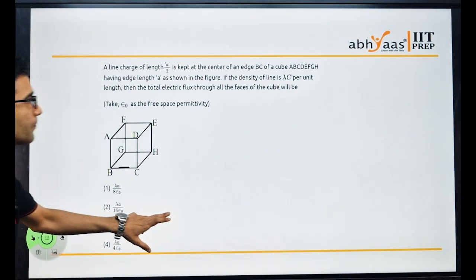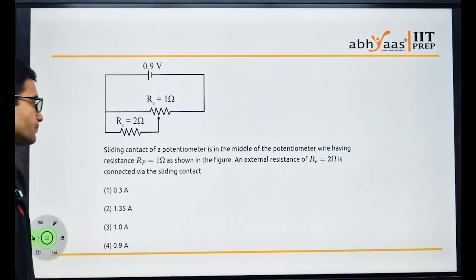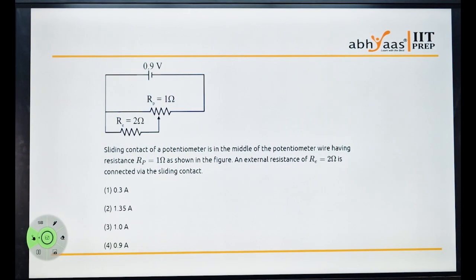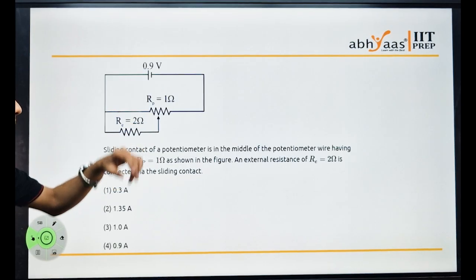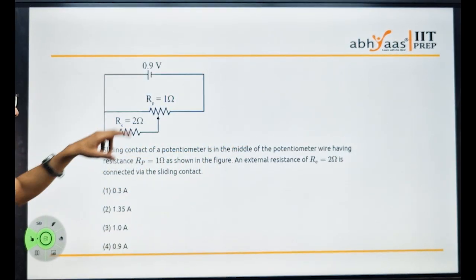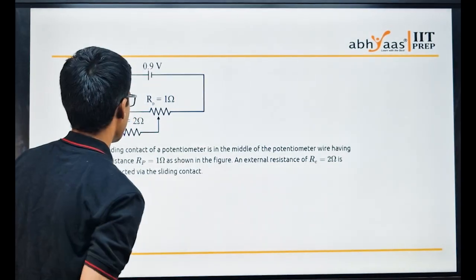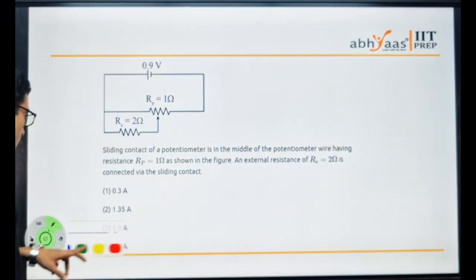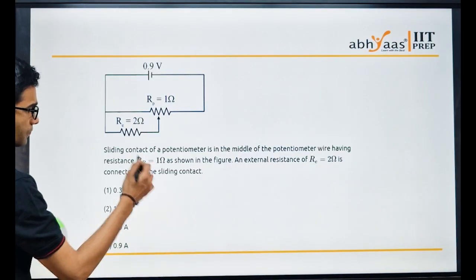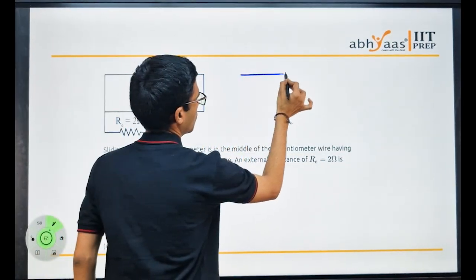So now going to the third question. In this question, you need to calculate the current. What has he given? He has given a sliding potentiometer, with the slider exactly at the middle of the potentiometer. We have RP as 1 ohm. The external resistance is 2 ohms. Since it is exactly at the middle, we will split this into parts like this.